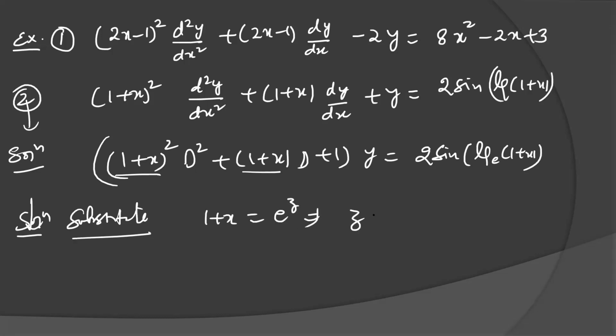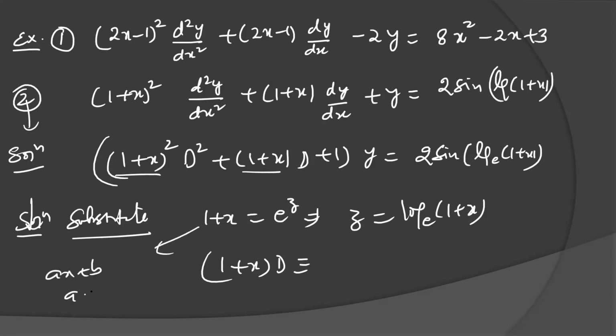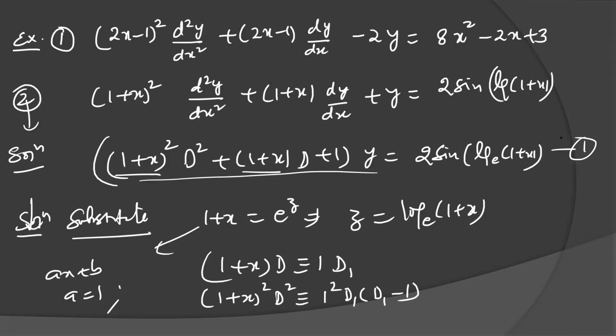So you can say that z equal to log (1 plus x). And what will be the other changes? (1 plus x) D will be, what is your a? If you compare with ax plus b, your a is 1 only. So there is not going to be any change: 1 into D1. (1 plus x) whole square D square, that is a square, means 1 square D1 (D1 minus 1). So just replace these values in equation number 1.